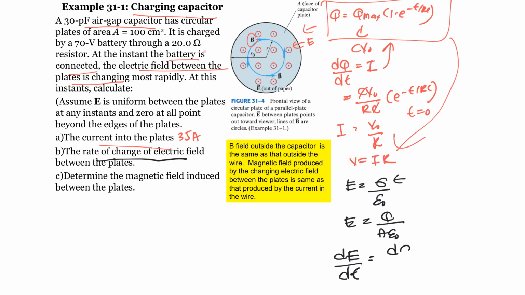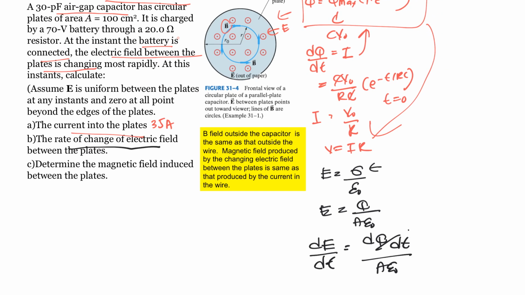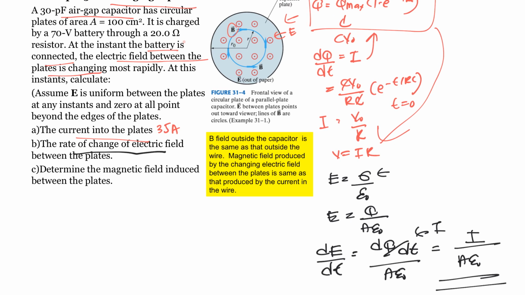So in this one, we are going to have dq over dt over A epsilon naught, and dq over dt is what? Current. So you are going to take the current from the first question. So it's going to be I over A epsilon naught. That's how you get the formula. So the answer is 4.0 times 10 to the power of 14 volt meter per second.